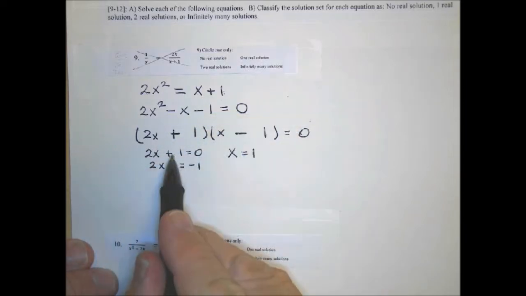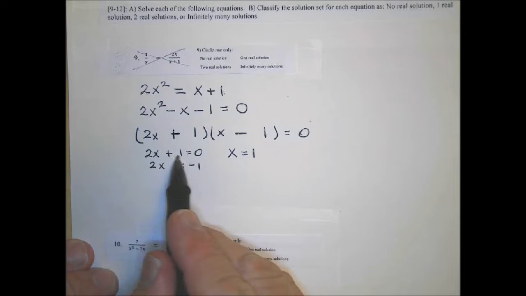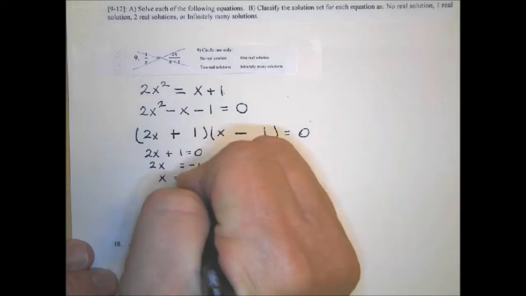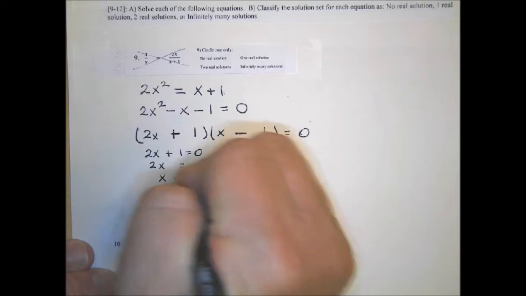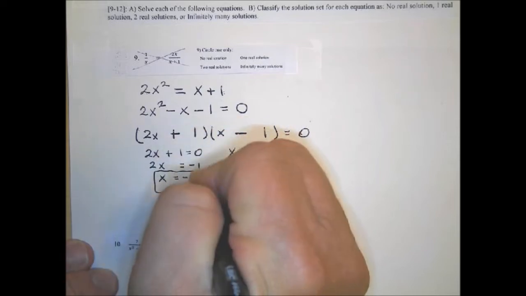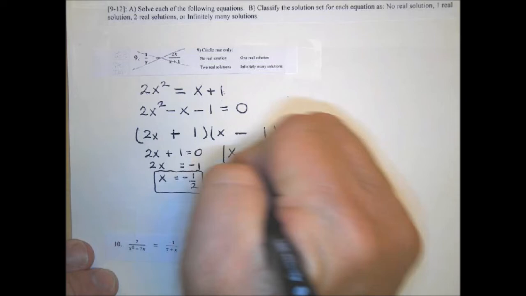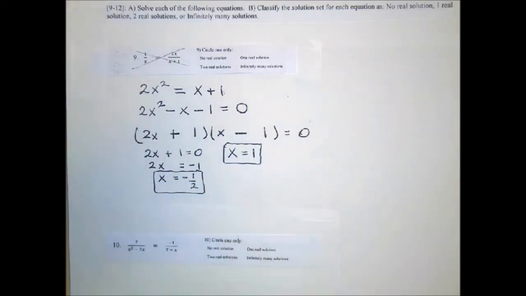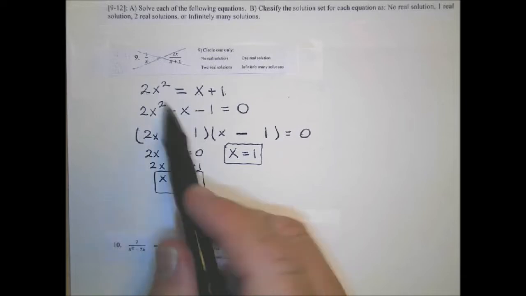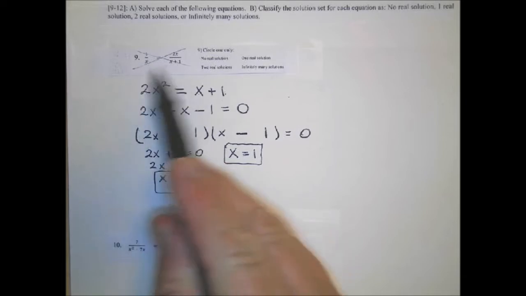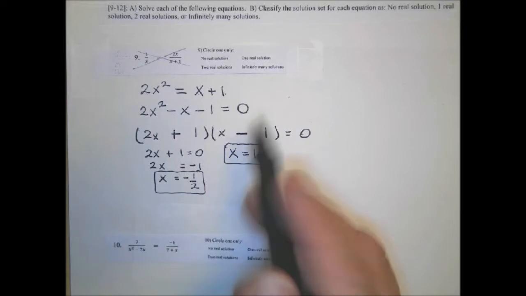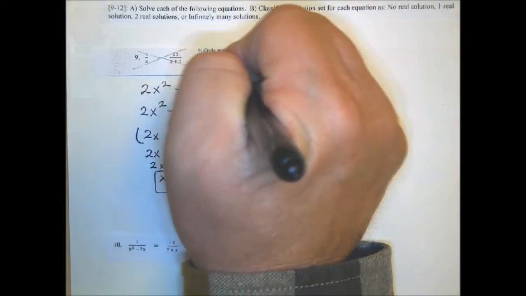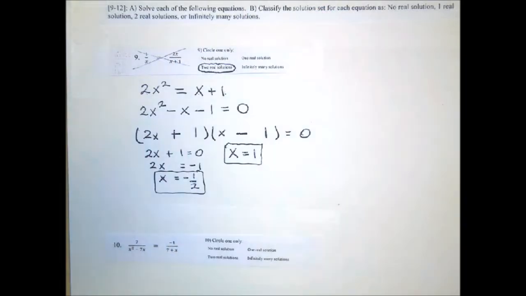So 2x equals negative 1, move the 1 to the other side, and then divide both sides by 2, and you would get x equals negative 1/2. And so that would be my 2 answers. I'd make sure that neither one of these are restricted answers or extraneous solutions, which they are not. So the answer over here is there are 2 real solutions.